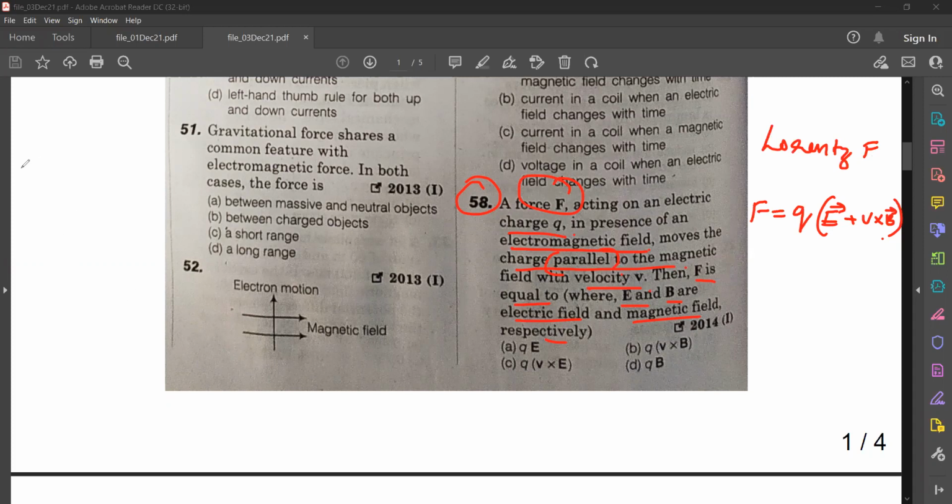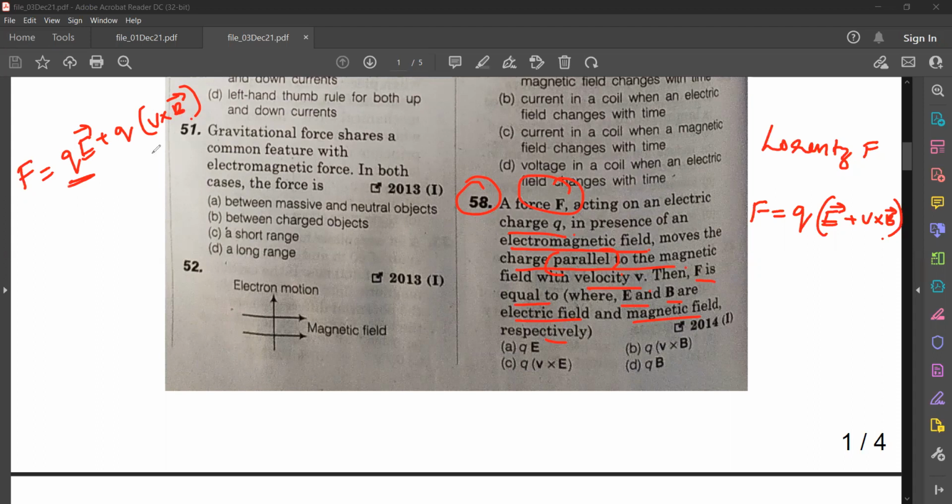So the Lorentz force is the force acting on a particle when it is kept in both electric and magnetic field. It will have the effect of the electric field as well as the magnetic field.